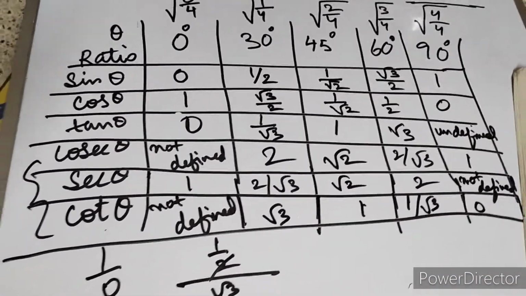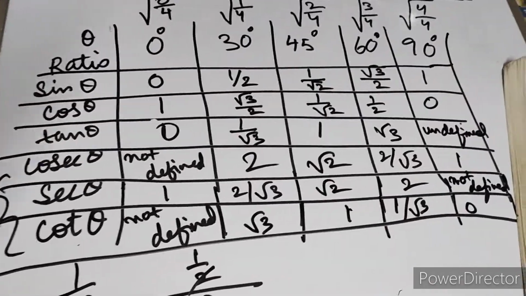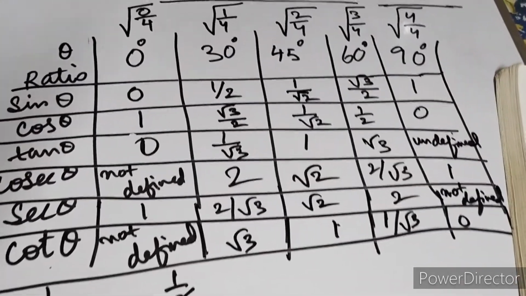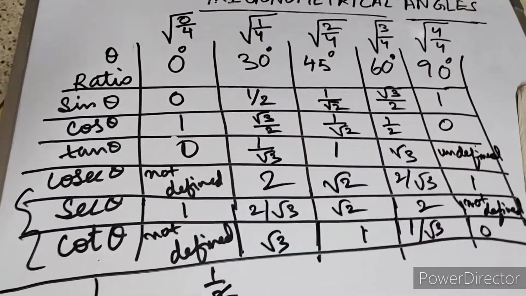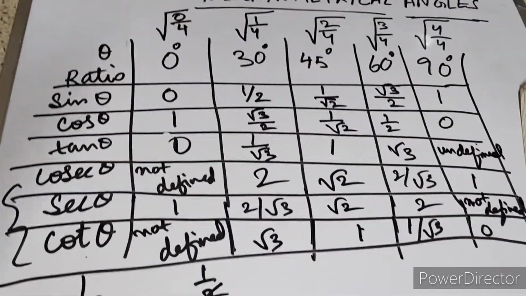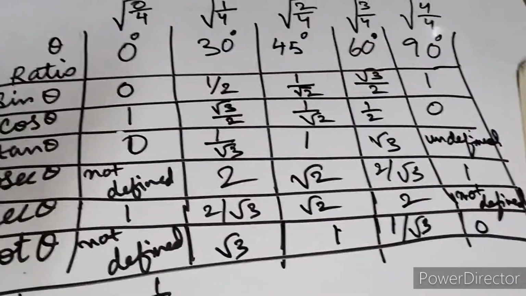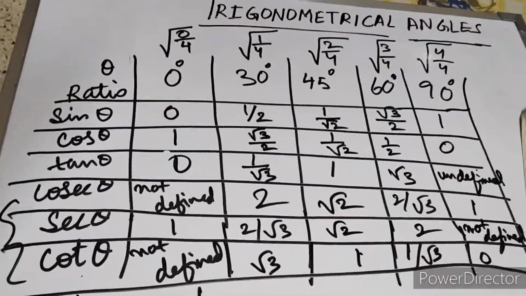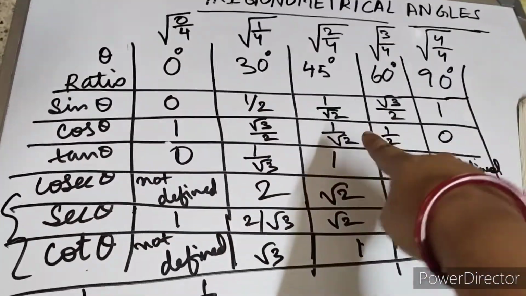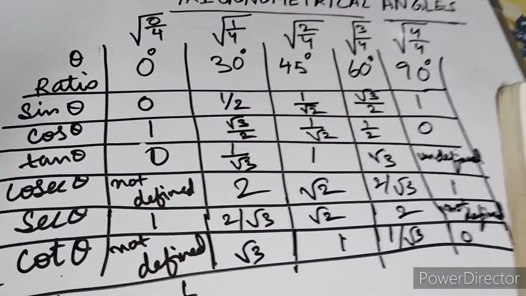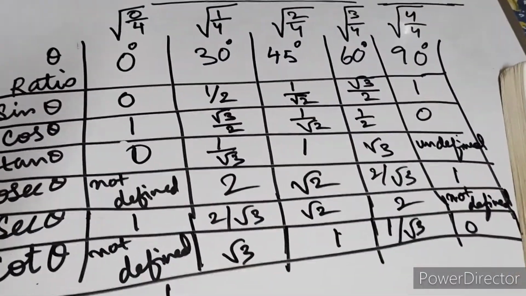It's not possible. So if you practice the trigonometric standard angles and ratios properly, then you easily remember the values of the angles. If you practice a lot of sums, you will easily remember that sine and cos 45 degrees are the same, it's 1 by root 2. It's very easy, it's not hard at all.